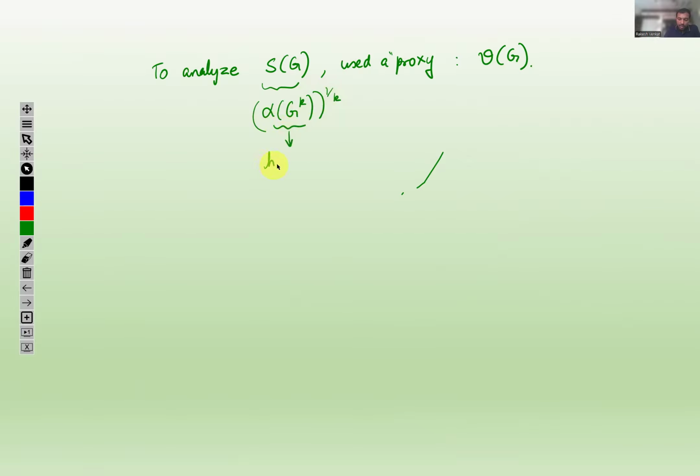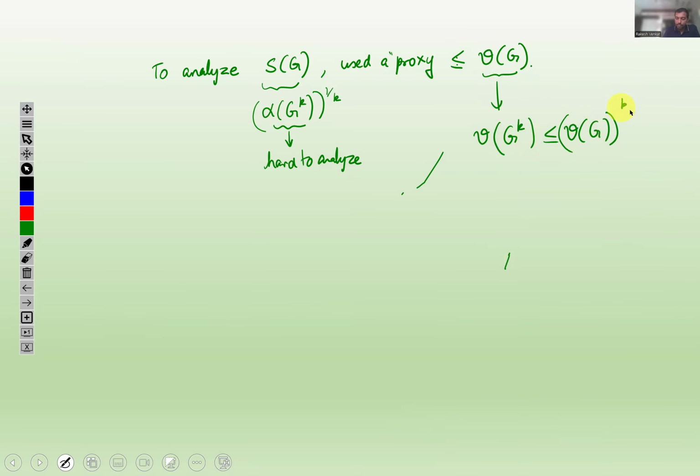This is hard to analyze. Whereas this function is easy to analyze on product graphs. In fact, it's equal, right? And therefore, we use this proxy and analyze this proxy, and therefore we got a bound. And in the case of C5, this was optimal.